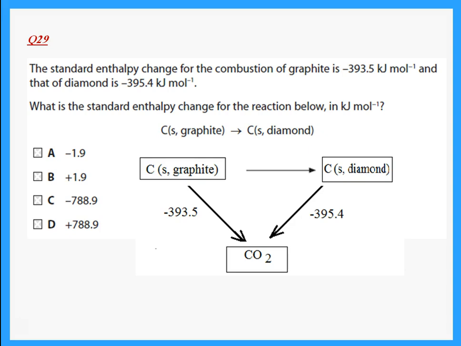Now he gives me the combustion of graphite to form carbon dioxide, the combustion of diamond to form carbon dioxide, and the direction of the arrow would be the delta H we need minus 395.4 is equal to the other one, and I can get the delta H, so that comes out to be a positive number. Remember, changing graphite to diamond is something that's not very easy.